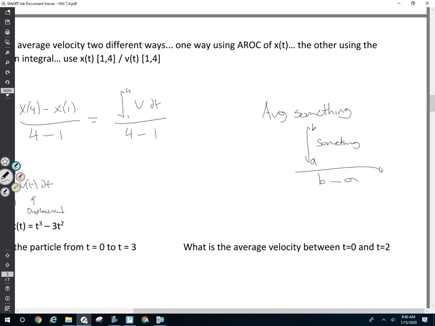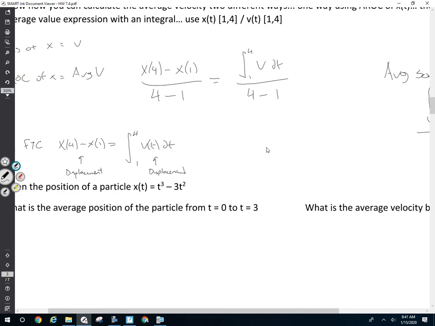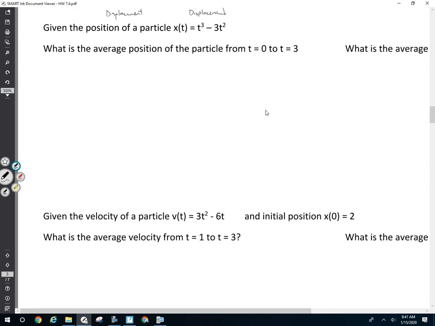Just keep in mind that whatever you're trying to find the average of needs to be in your integral. You're finding the sum of all of the values, which is like the area, divided by the interval over which you're traveling. If you ask for average position, you will have to find the area under your position.